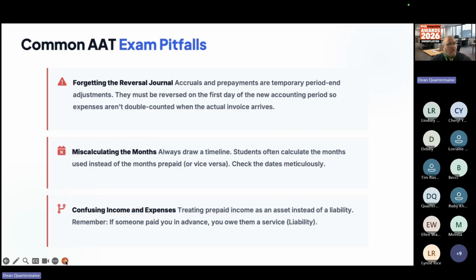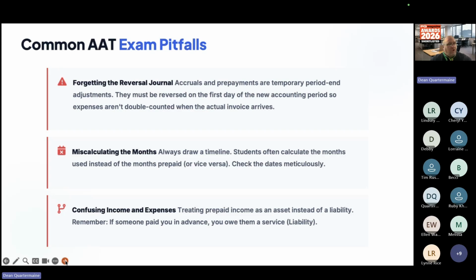On the first day of the following period, you need to reverse the effects of everything you've just done. So you've accrued expenses at the end of the year; you need to undo that accrual, so reverse it on the first day of the following period. That's one thing that students forget to do. They forget to reverse the journals.